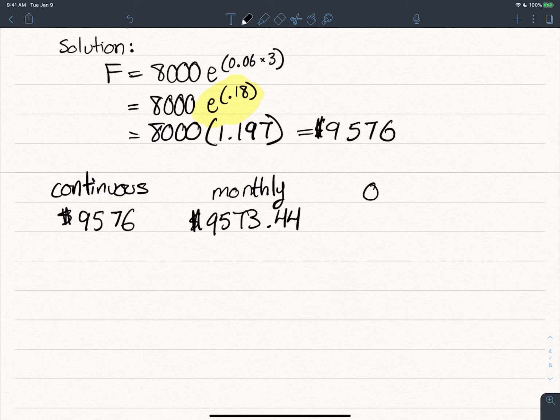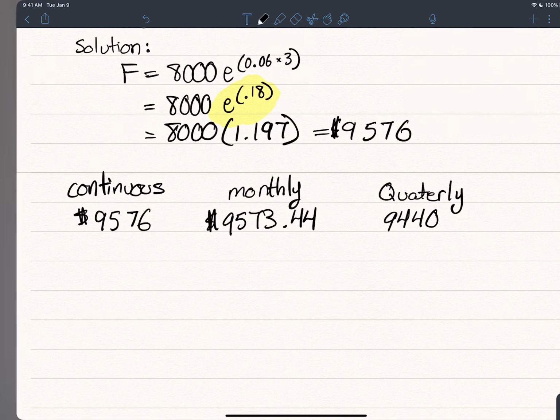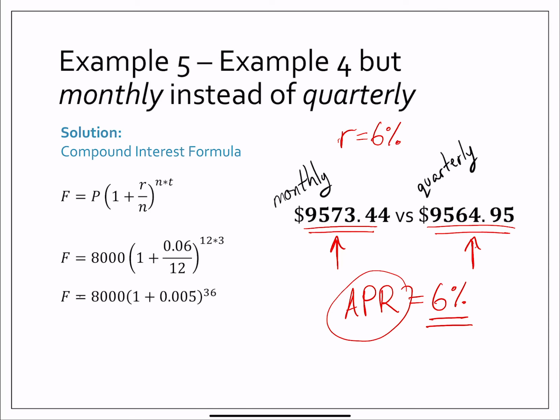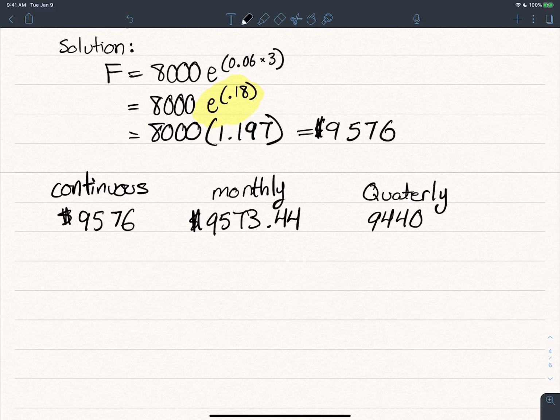And then for quarterly, we had 9,440, I believe. No, 9,564.95. And so we can see clearly that continuously is bigger than monthly, is bigger than quarterly.